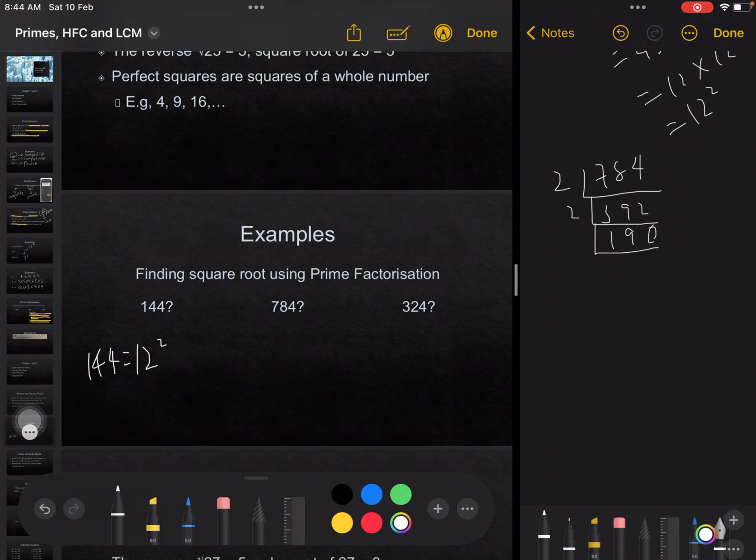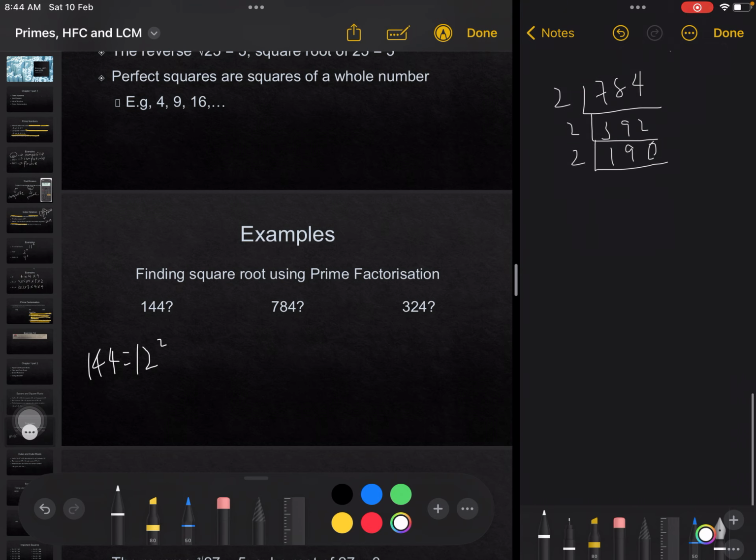Divide by 2 again, we have 98. Divide by 2 again, we have 49. So 49 is 7 times 7. We divide by 7, left with 7, and then we divide by 7, left with 1.